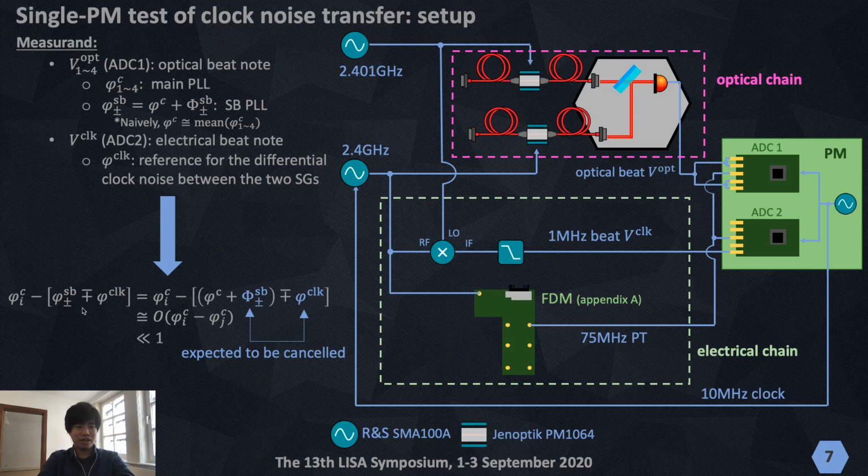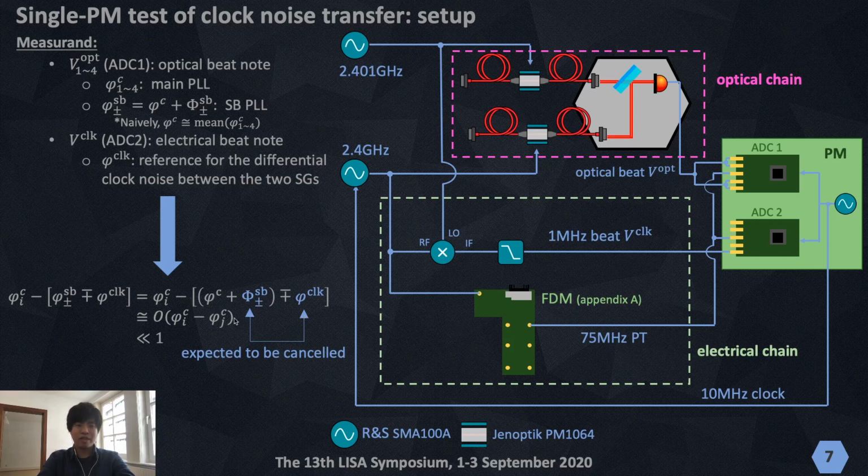And it should be noted that the upper and lower sideband have the opposite sign of the differential clock noise. And this combination can be further expressed like this. So, because the sideband dynamics is expected to transfer the differential clock noise properly, these two terms are expected to be cancelled.